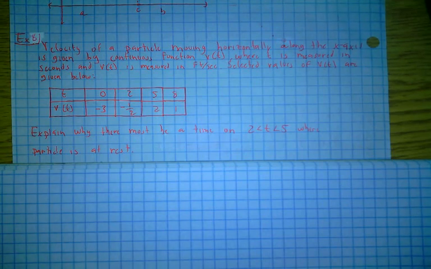That I'm at rest. Therefore, because of the intermediate value theorem, I can 100% tell you that I am at rest somewhere between 2 and 5. Do I know exactly the time? No. Are they telling you to find it? No. Do you even have enough information to find it? Absolutely not.